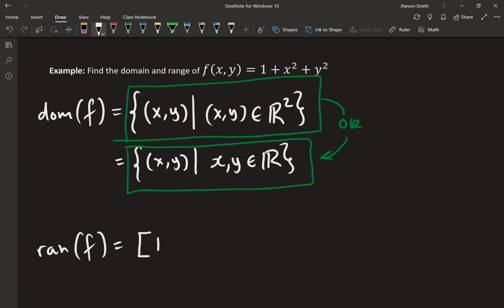In this case, interval notation is okay. And it's okay because we're describing one thing. There's only one dependent variable.